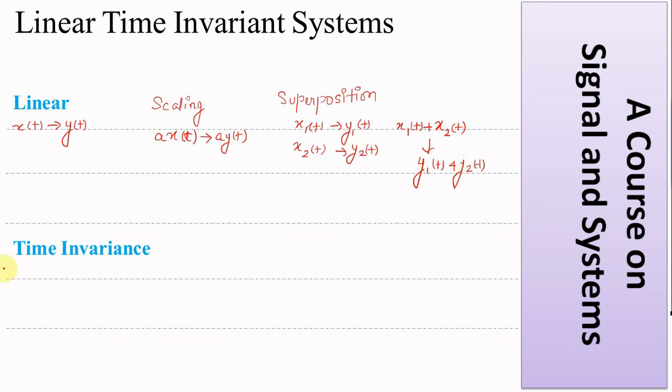Similarly, as far as time invariance is concerned, if I apply the input x(t), I measure the output y(t). If I apply x(t minus t0), that is the shifted version of the same signal at the input, the output which was generated originally will also be shifted by the same amount, then the system is said to be time invariant.